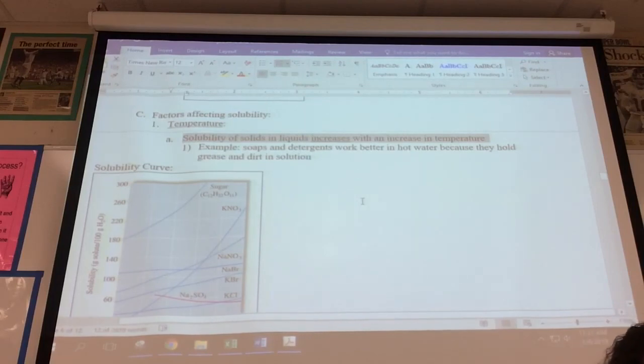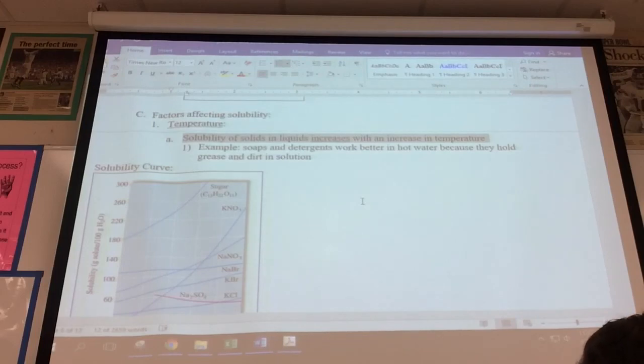And this is one of the reasons why when you wash your hands, and nowadays we tend to use liquid soap, but back in the old days we all had bars of soap, and you probably use a bar of soap in the shower. And unless that water is warm, you're not going to get the soap to go into solution.